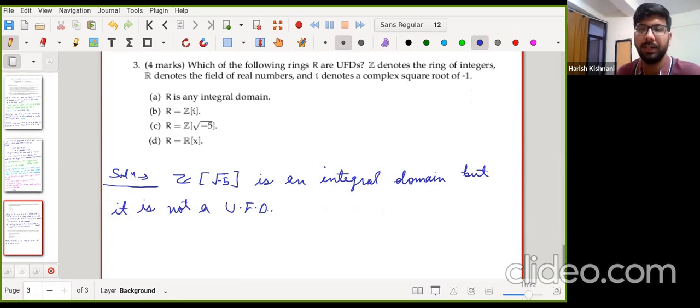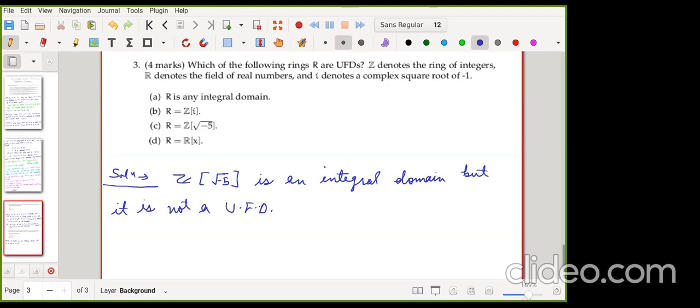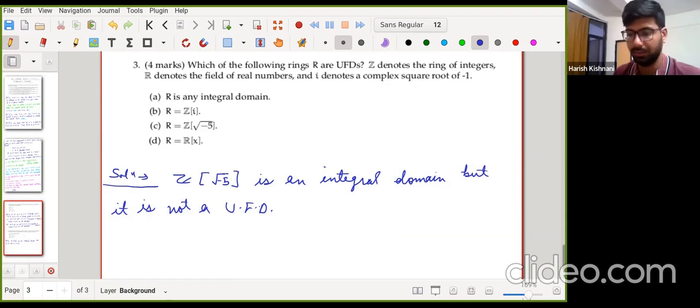And the reason behind it is, can you say why? You can find that 6 can be written in two different ways.